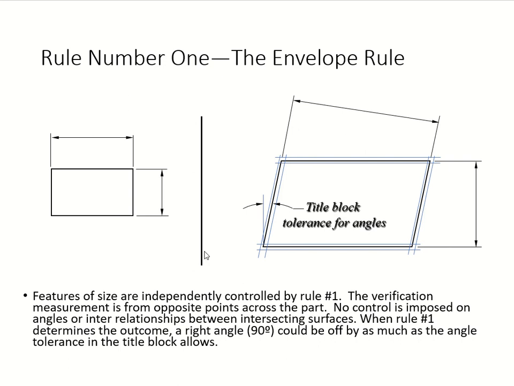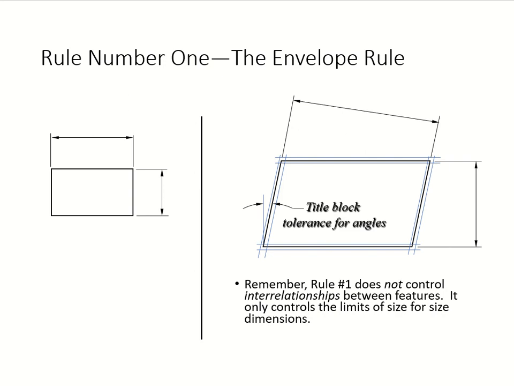So Rule 1 is going to depend on that title block tolerance. The right angle can be off by as much as whatever your title block tolerance identifies, all that limitation right here. So you go with the upper and lower limit of that title block tolerance.